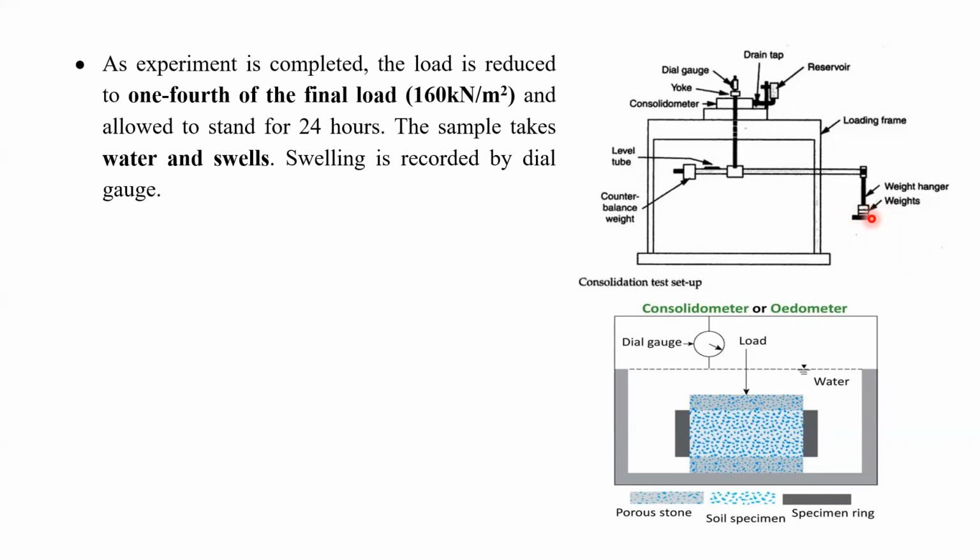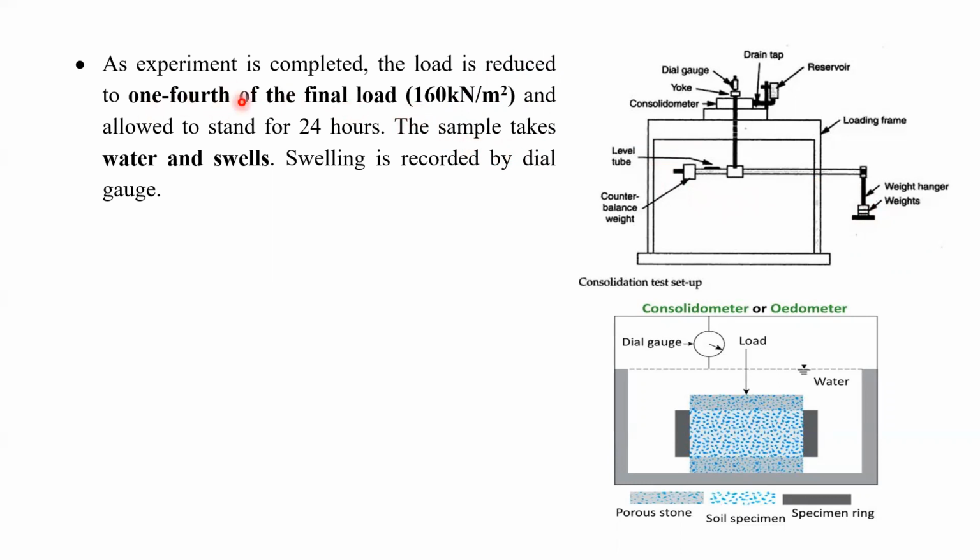One load for 24 hours, another load for the next 24 hours, the next load for the next 24 hours. Likewise, we have to proceed till your desired load, according to your structure load.